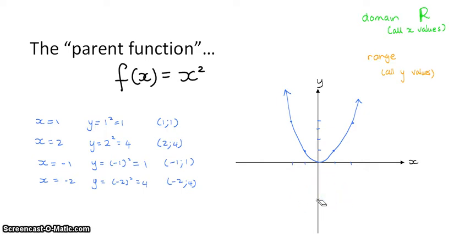So that gives me a bit of a hint. Y can't be negative. Y is actually only positive value, so y is greater than 0. Can it be 0? Oh, well, you know what? It can be, because if x is 0, y can be 0 squared, which is 0, and so the origin is a point which I plotted already without thinking about it. So y could be equal to 0, and we have to indicate that when we write the range inequality.